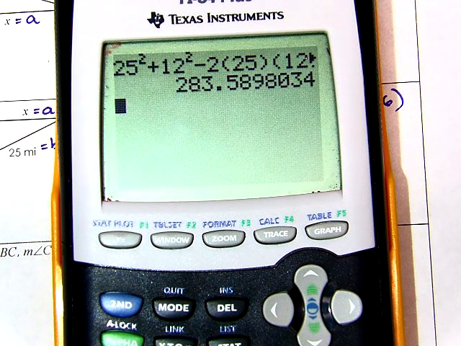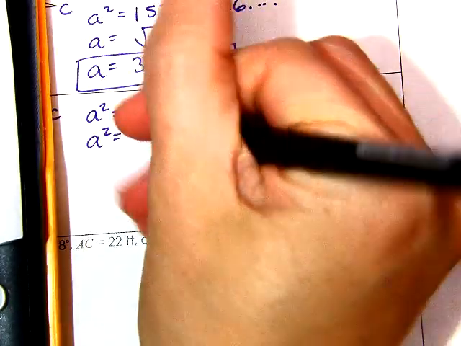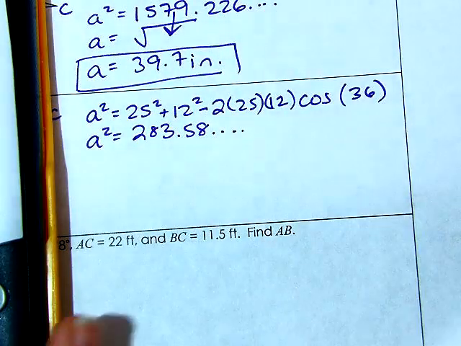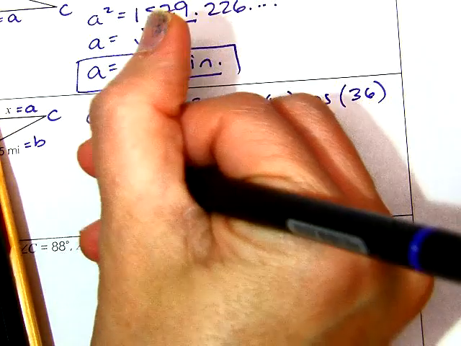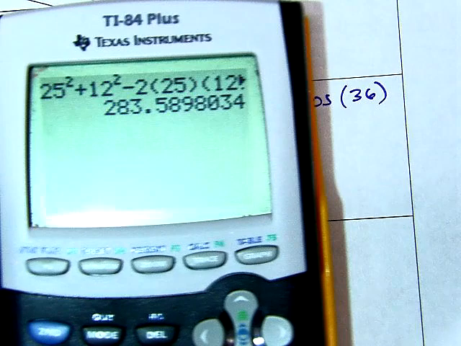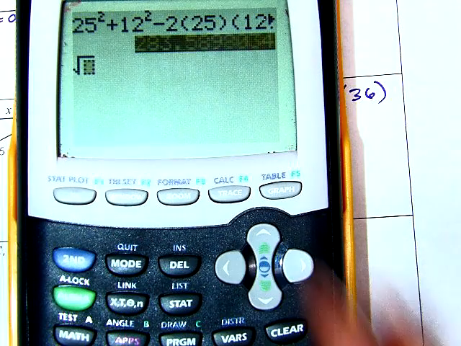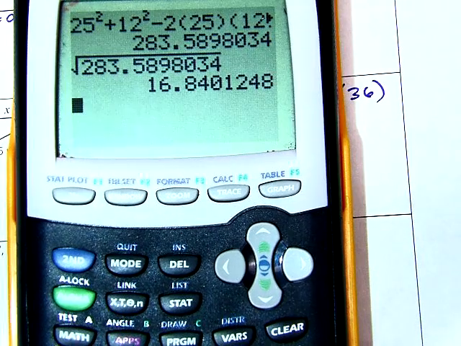And I get 283.589... So A squared equals 283.58... Again, I'm not going to round this. So to find out what A equals, I'm taking the square root of that number. So second square root, highlight your number, hit enter, enter again, and I get that A equals 16.8.